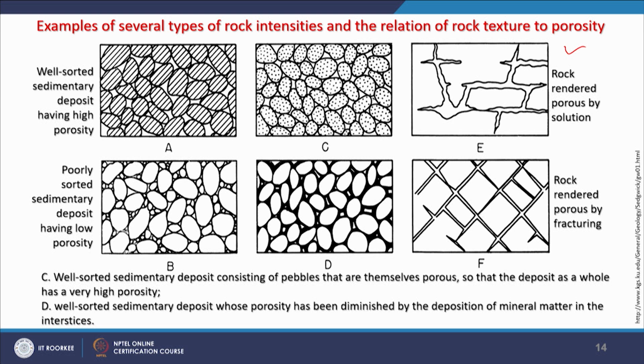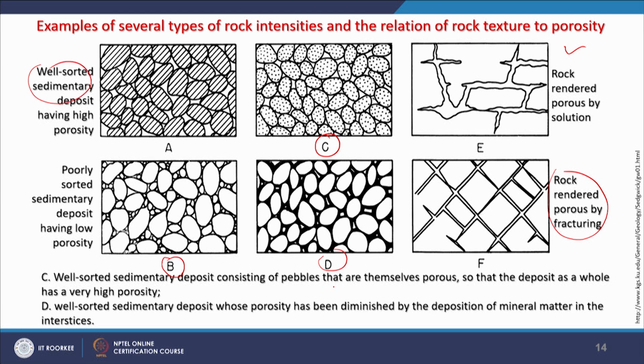whereas the next two, B and D, are poorly sorted sediment deposits having low porosity, and rock rendered porous by fractures. So, maybe in the case of igneous or metamorphic rocks, such a situation may occur. And part C, especially this one, is well sorted sediments, which we have already discussed.